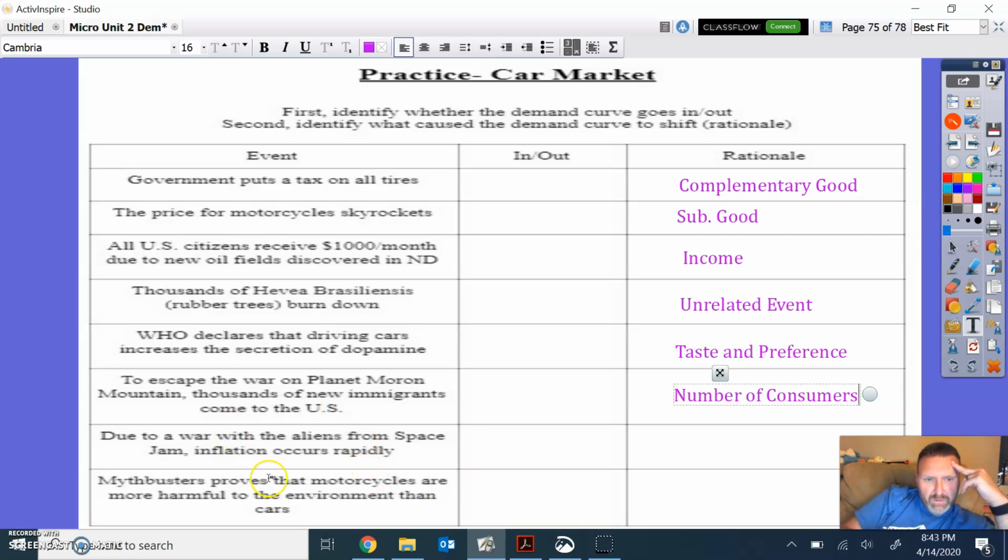Interesting. That's going to be a price change, so no change. That's going to be an issue with quantity demanded. And Mythbusters proves that motorcycles are more harmful to the environment than cars. Well, tastes and preferences.